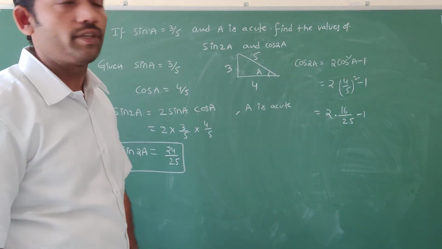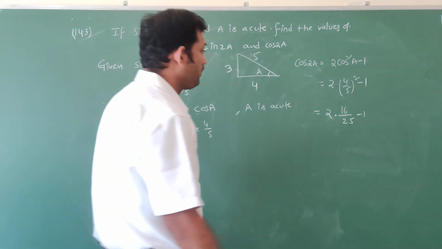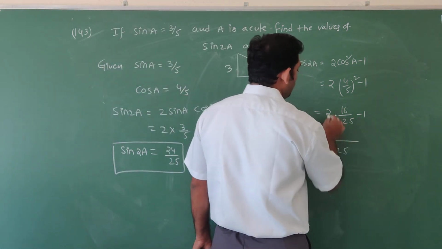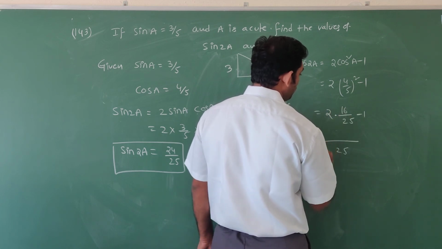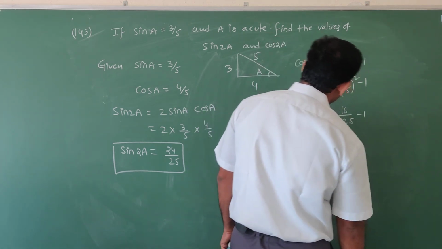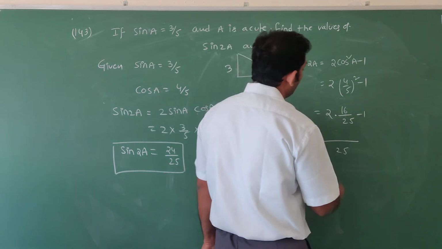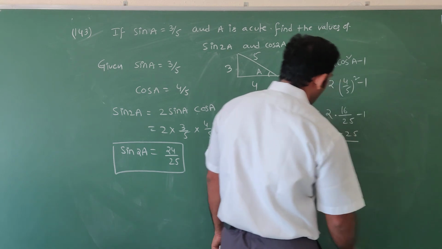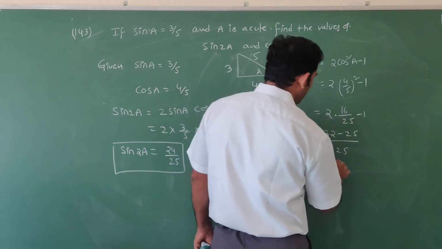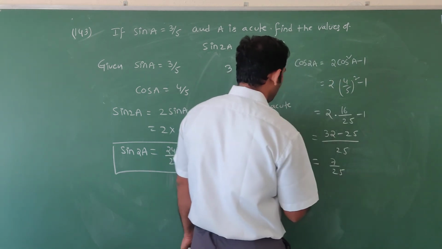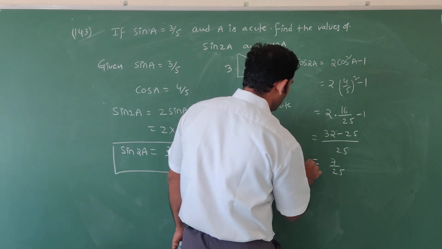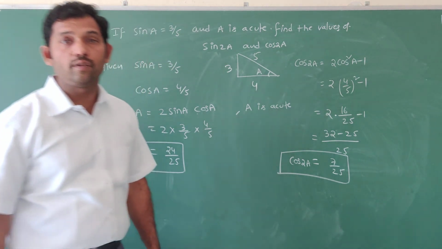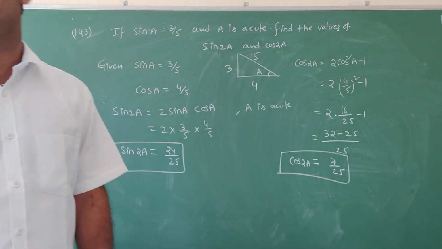Then you do the simplification. The LCM is 25. 16 into 2 is 32 minus 25. So cos 2A equals 7 by 25.